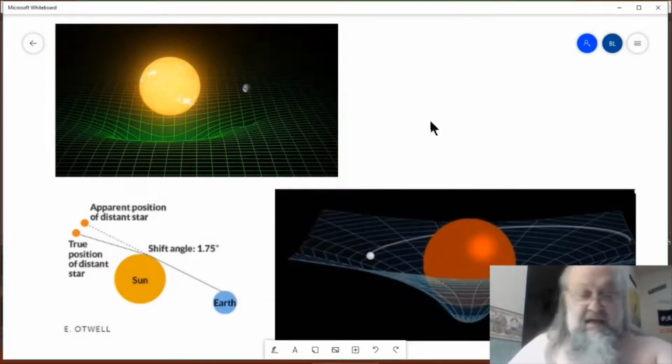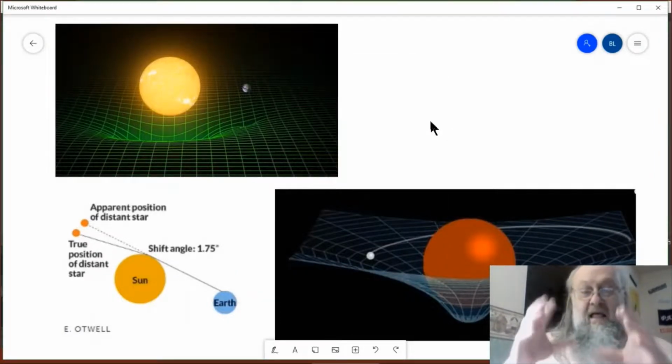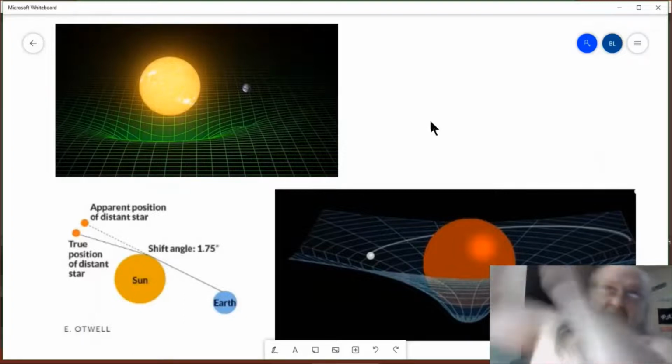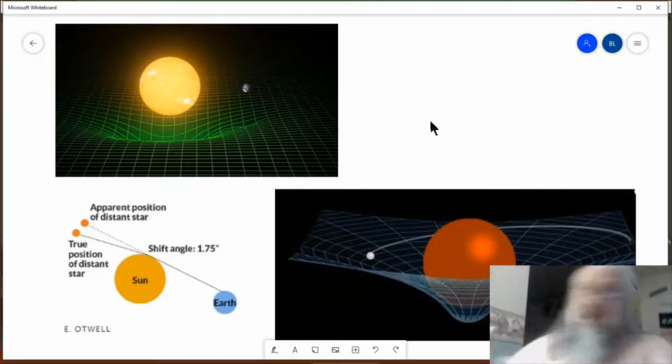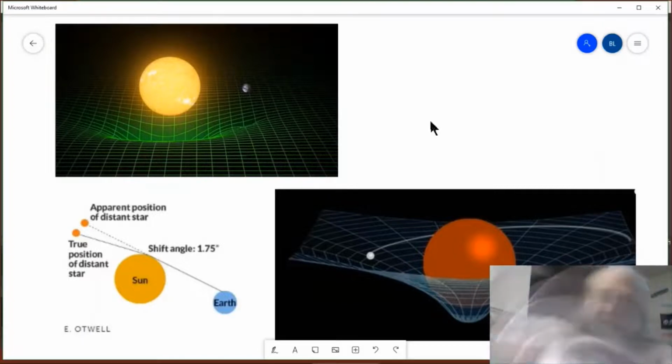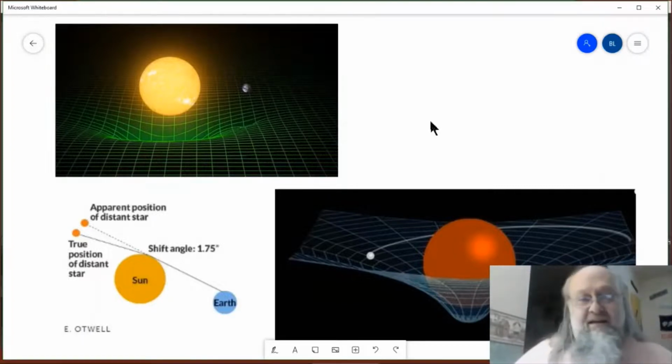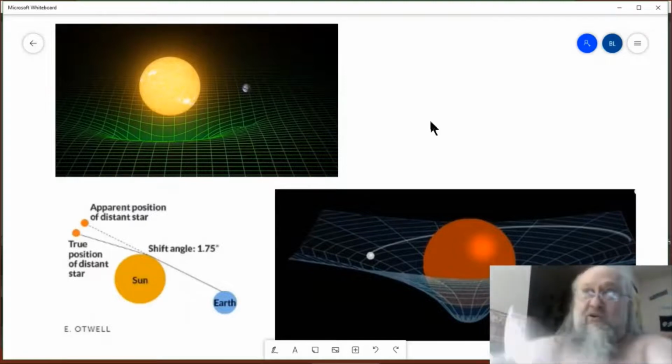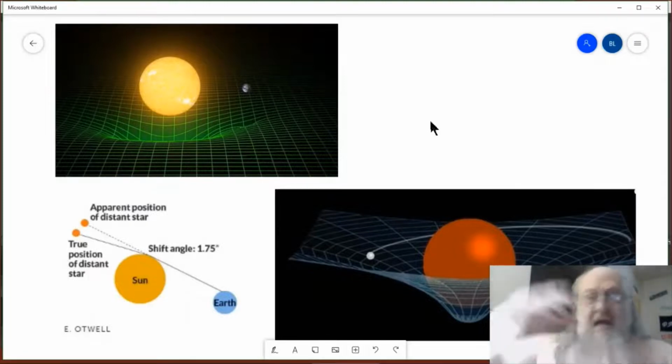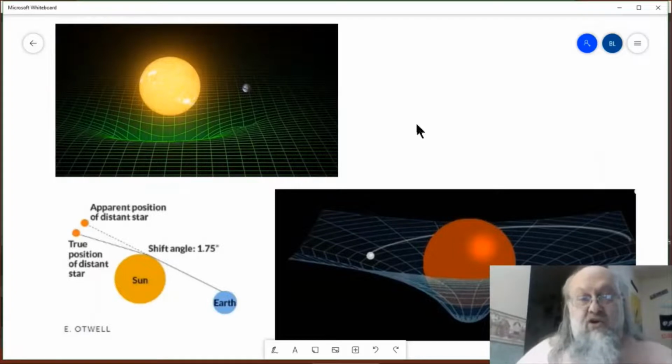Now, I tell you what, I'm sitting here. If I want to try to bend space, you think we could do it? Even if we have air molecules in there, we still can't bend it. Out in outer space where there's no air molecules, how are you going to bend it?